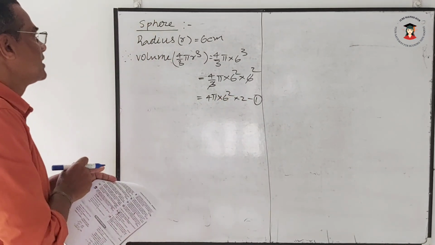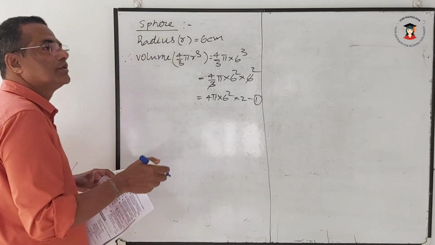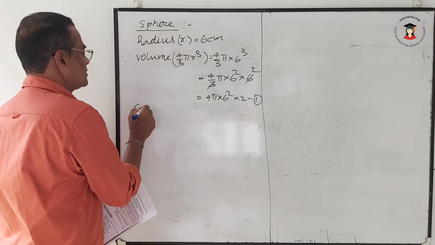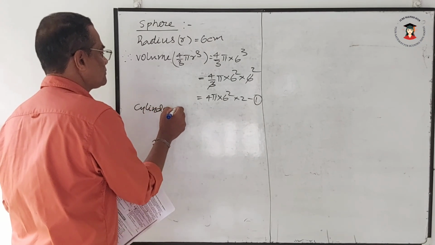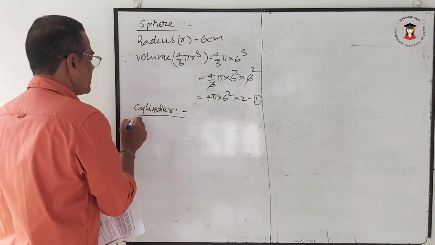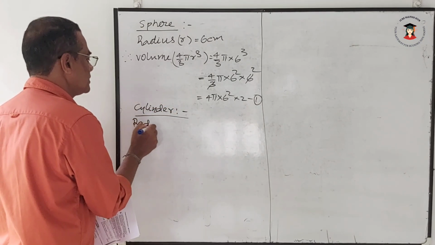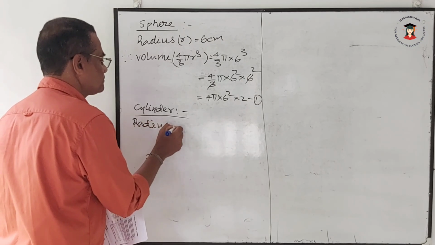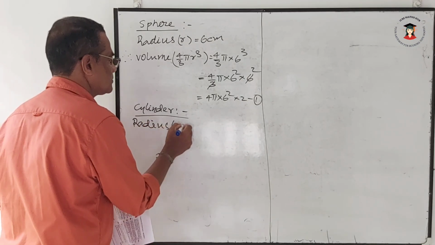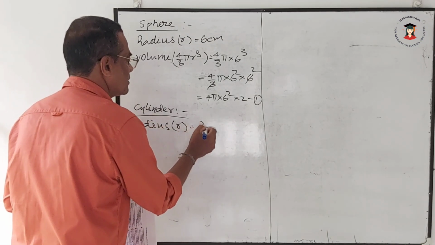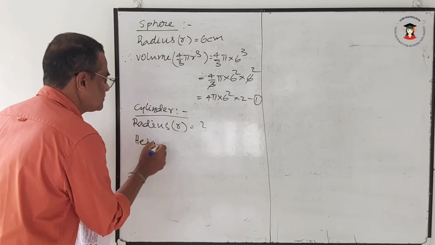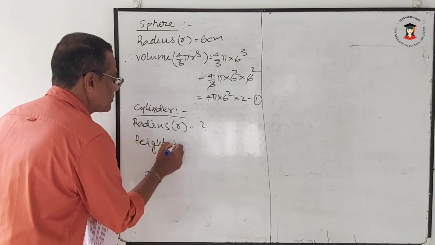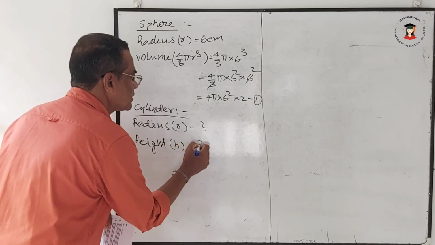Next is the cylinder. This sphere is converted into a cylinder. The radius of the cylinder is not given, and its height is given, 32 centimeter.